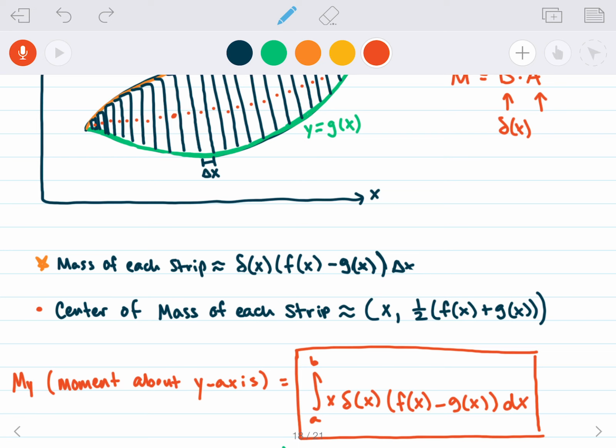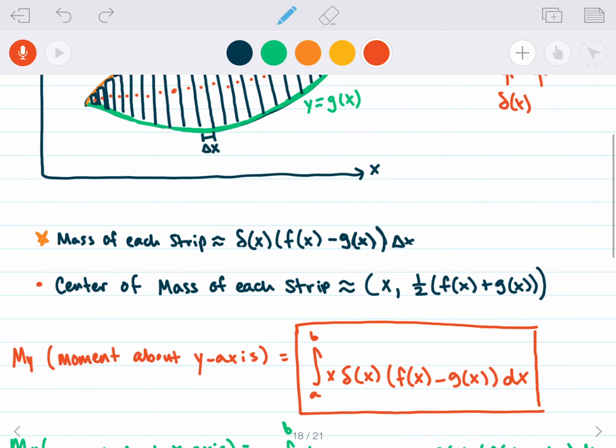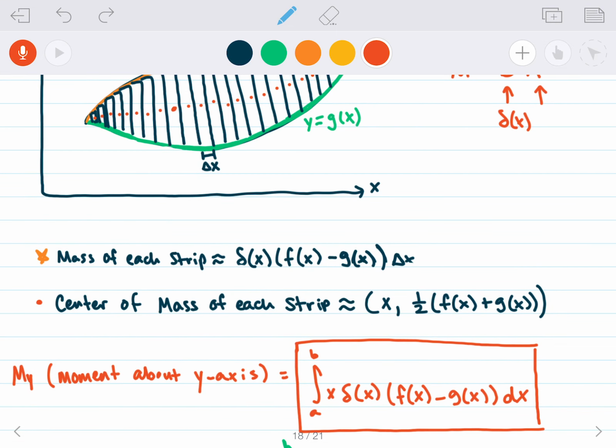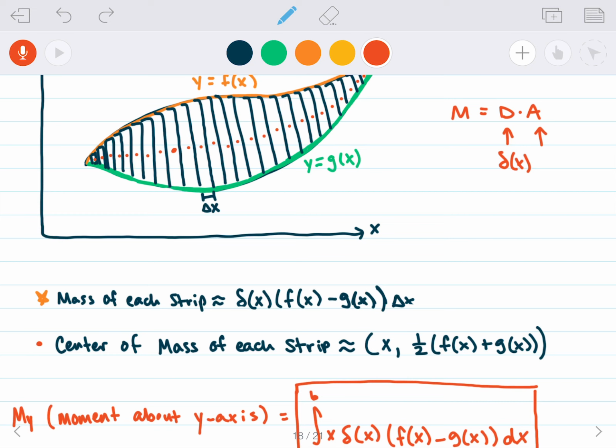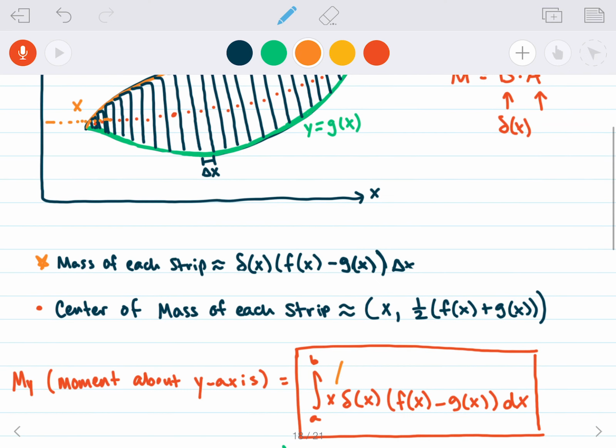So in our case, the moment about the y-axis, what's the displacement from the y-axis? If we look at any of these rectangles, that's just going to be x. That's the displacement from the y-axis. Times the density function times the area. So that is going to be our moment about y.